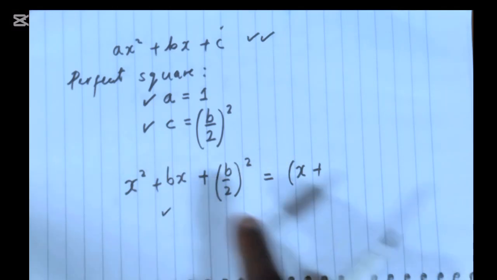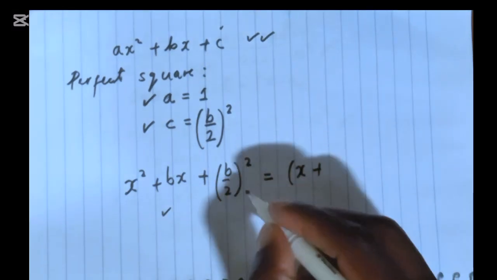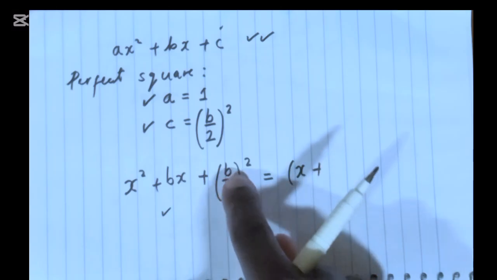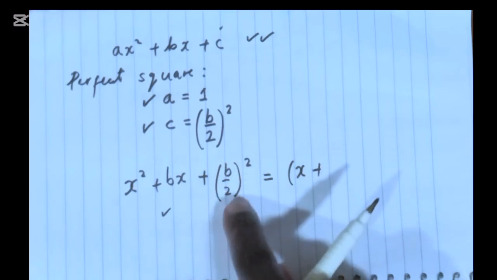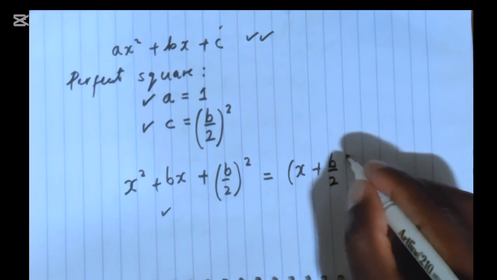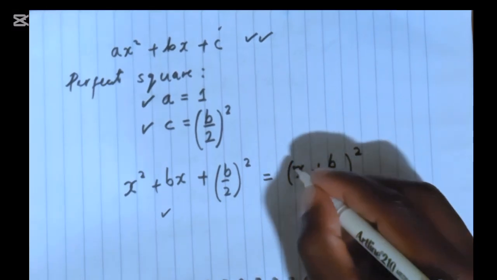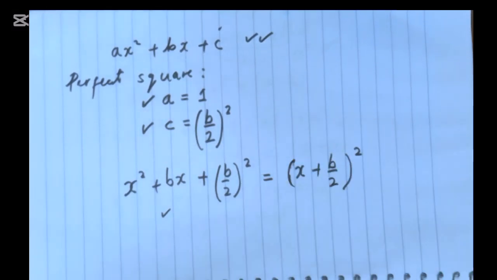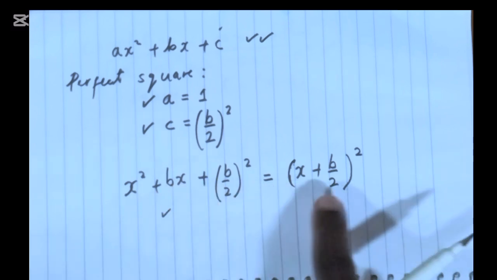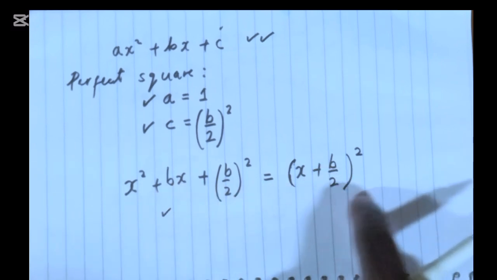We just take the x plus, now, b over 2. The b over 2 we're talking about is the one that we used to express the value of c here. So if we have x plus b over 2, all of this squared, then note, if you expand this, you will come back to this.